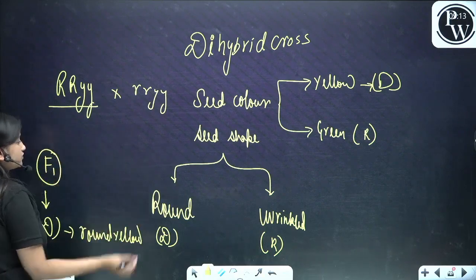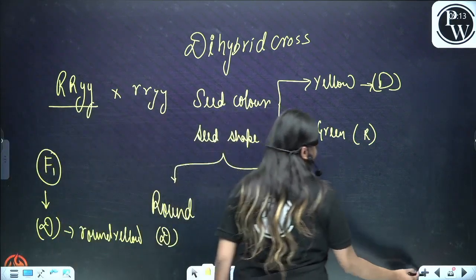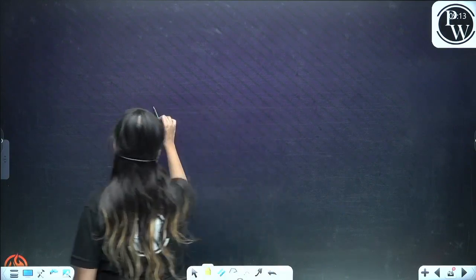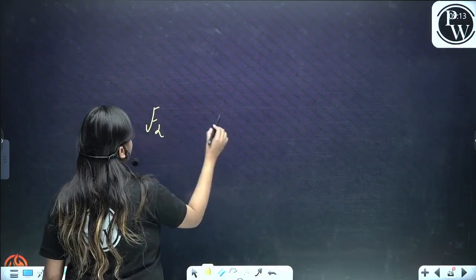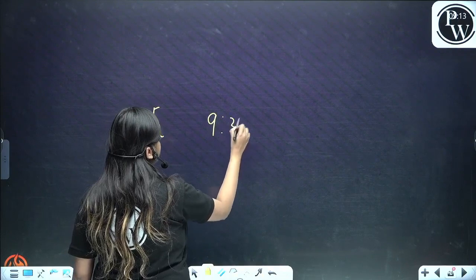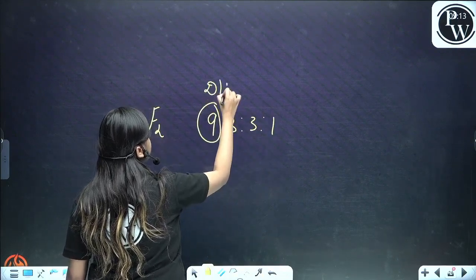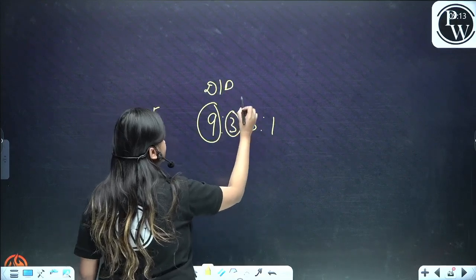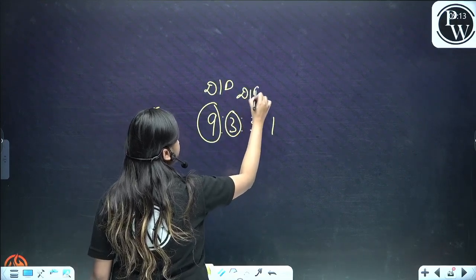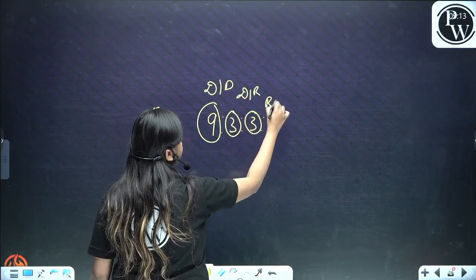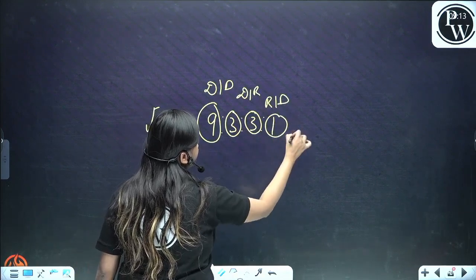But in the F2 generation now, they showed 9:3:3:1. 9 are dominant and dominant, 3 is dominant and recessive, 3 is recessive and dominant, and 1 is recessive and recessive.